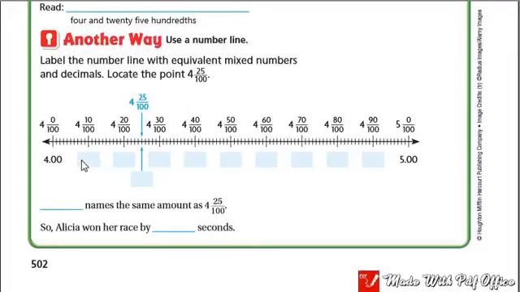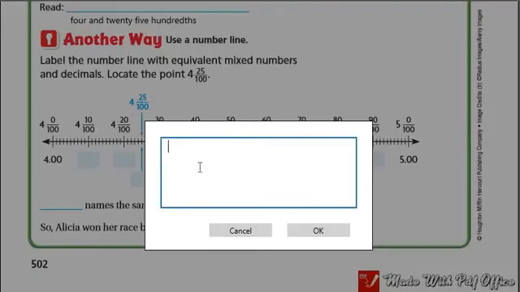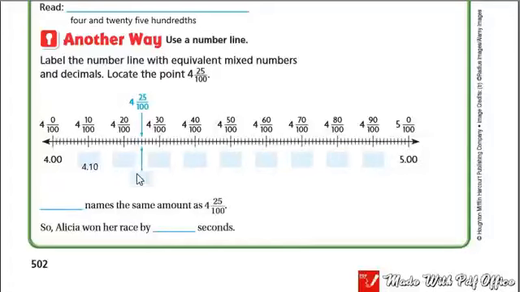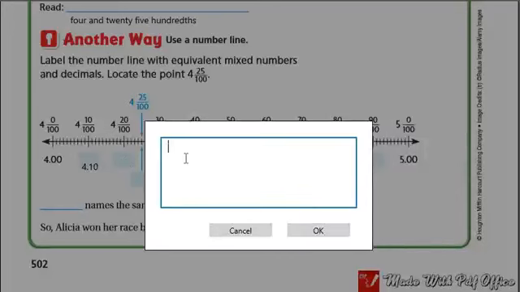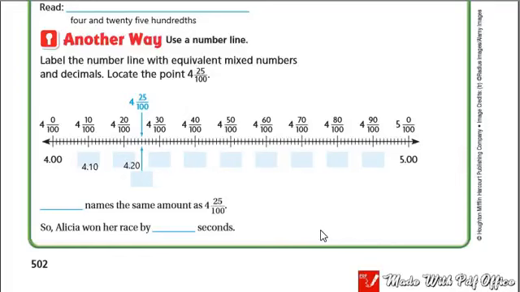Here, this is 4 and 10 hundredths. This is 4 and 20 hundredths.